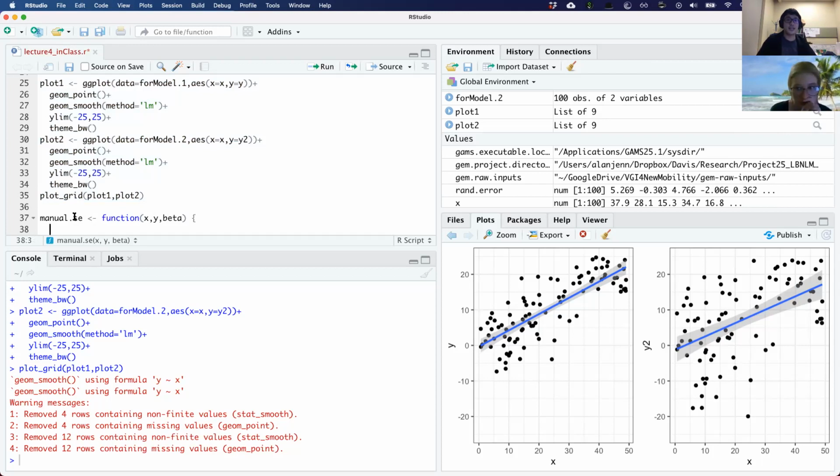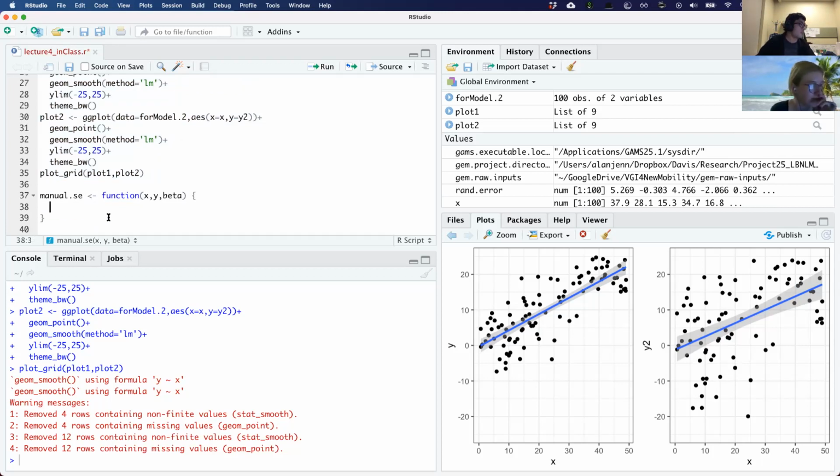Again, this is one of the equations that I said you don't need to memorize. But what we want to see is what happens if we manually assign an incorrect beta.